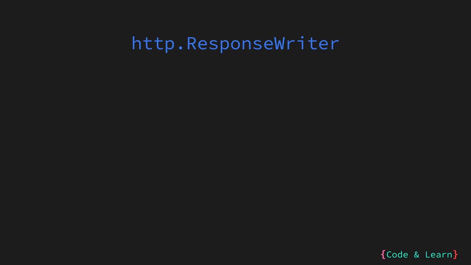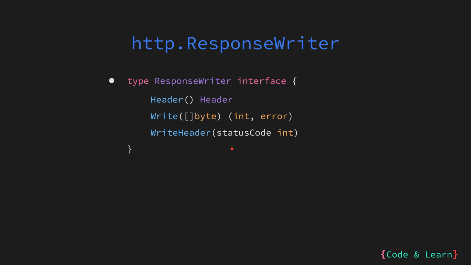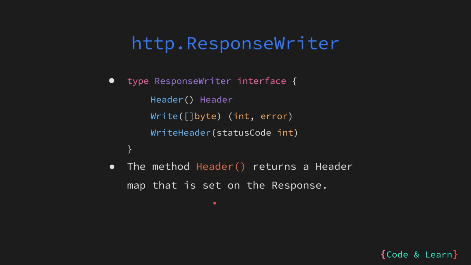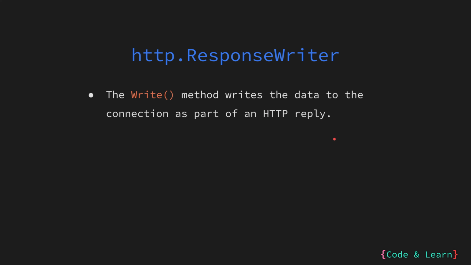Now let us cover the http.ResponseWriter interface. The ResponseWriter interface is used by an HTTP handler to construct the HTTP response. Here we have the ResponseWriter interface, which has three methods: Header, Write, and WriteHeader. The method Header returns a header map that is set on the response. The Write method on the ResponseWriter is used to write data to the connection as part of the HTTP reply.